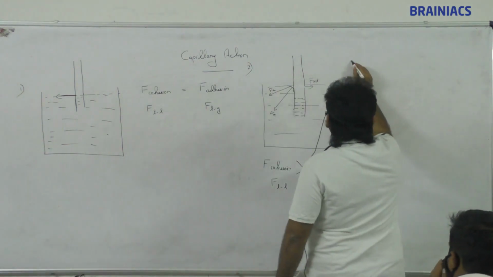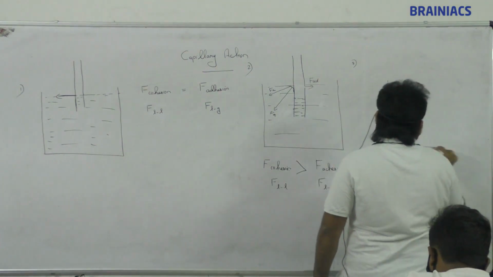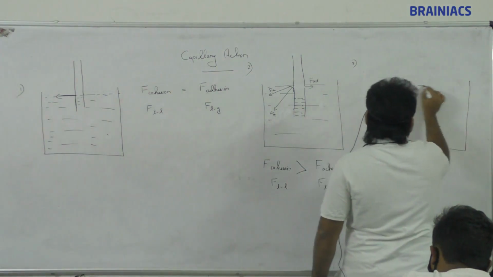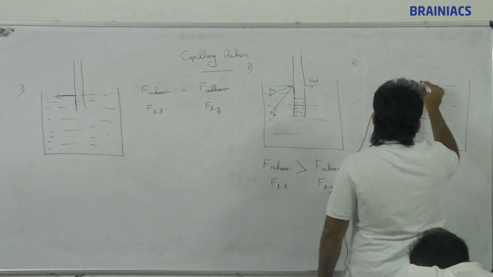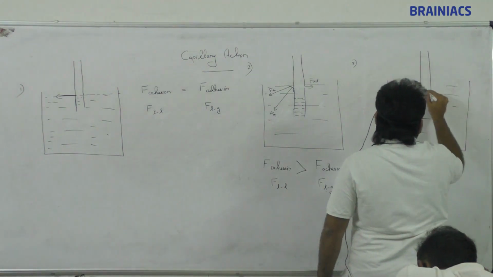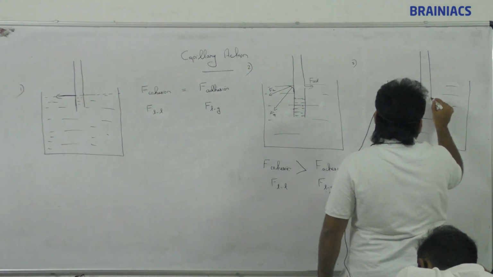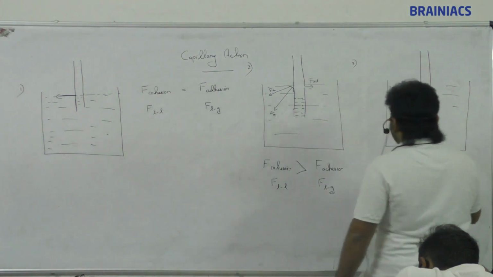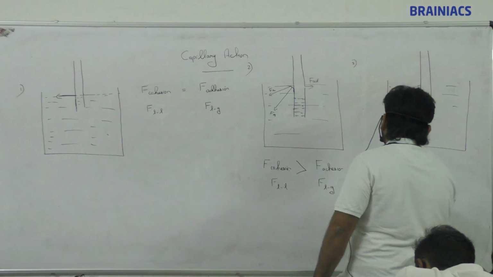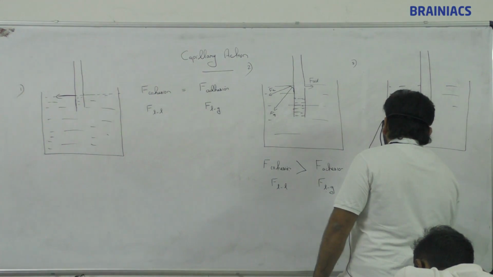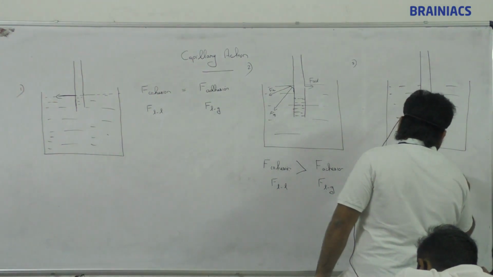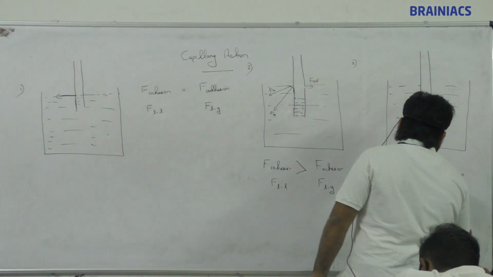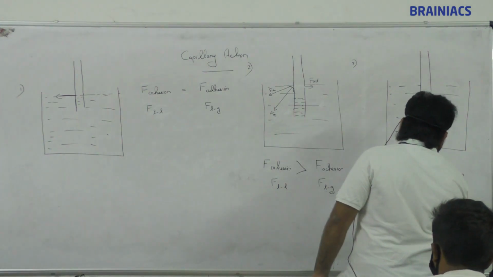Third case, suppose we take like this, this is the capillary tube. Suppose force of cohesion, the force between liquid molecules, and force of adhesion, the force between liquid and glass.